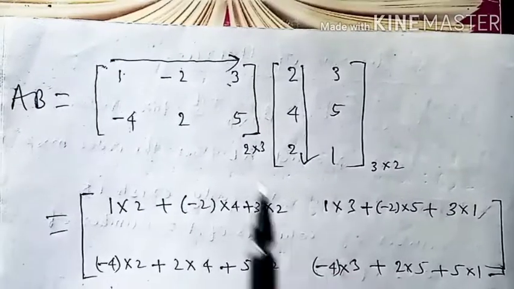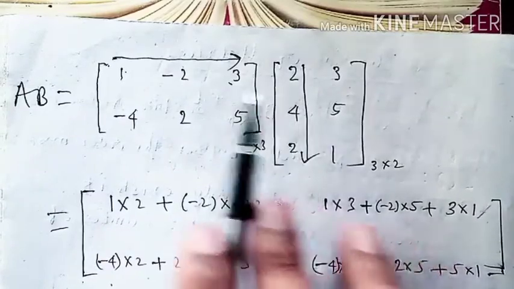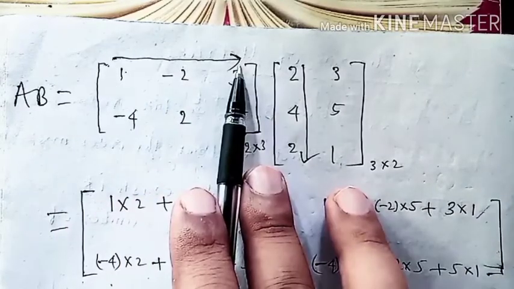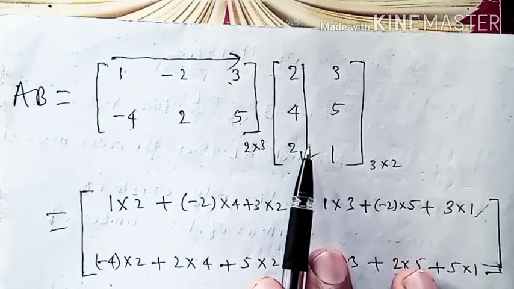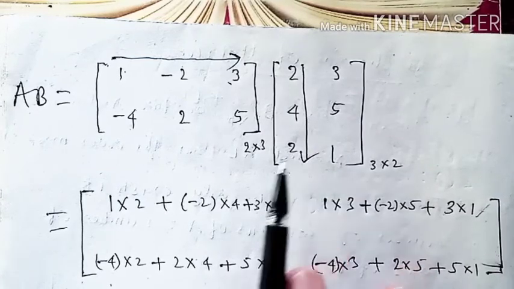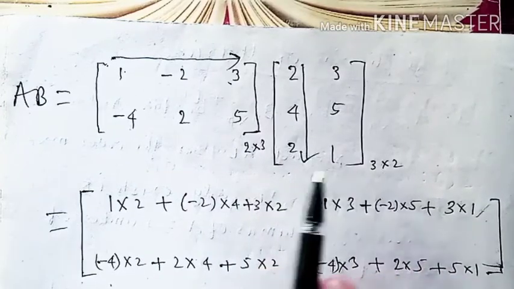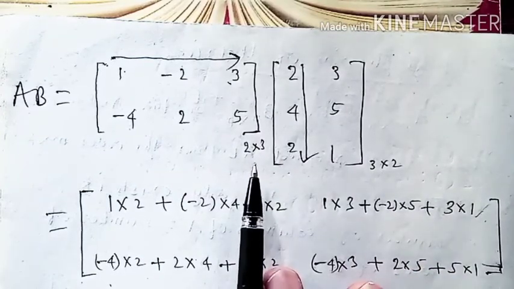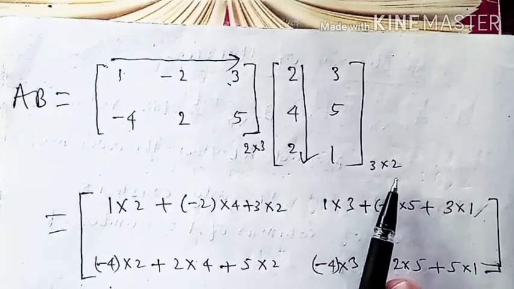Now AB. Here it is A, this is B. We go along a row in the first matrix and along a column in the second matrix. We multiply the corresponding elements and we add. Suppose here its order is 2 cross 3, and its order is 3 cross 2. The product matrix has order 2 cross 2.